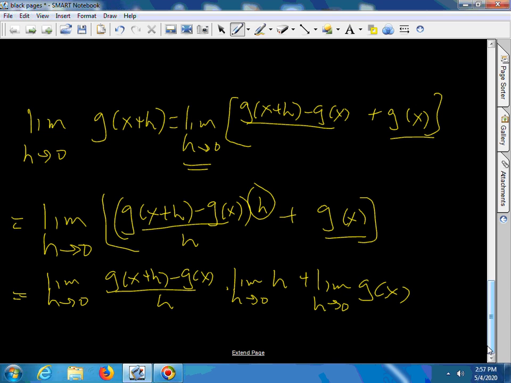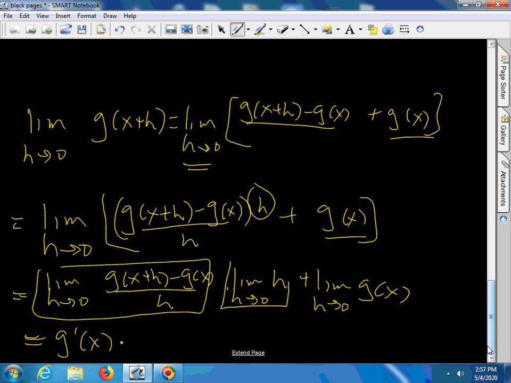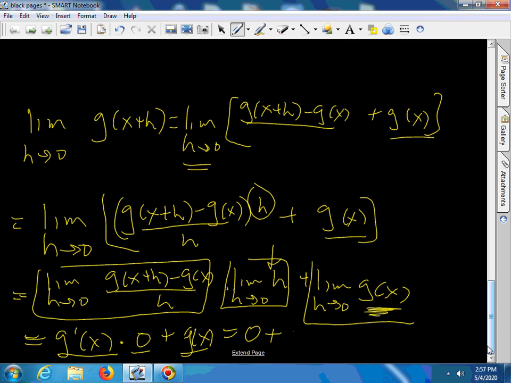Well, this limit is just g prime of x times this limit. Well, if h goes to 0, then h goes to 0. Plus, now this limit has nothing to do with h. So the limit as h goes to 0 of g of x is just g of x. Well, this times 0 is 0, plus g of x is g of x.